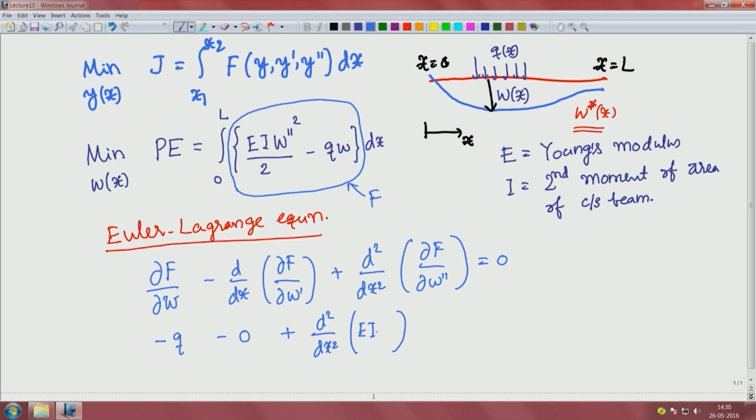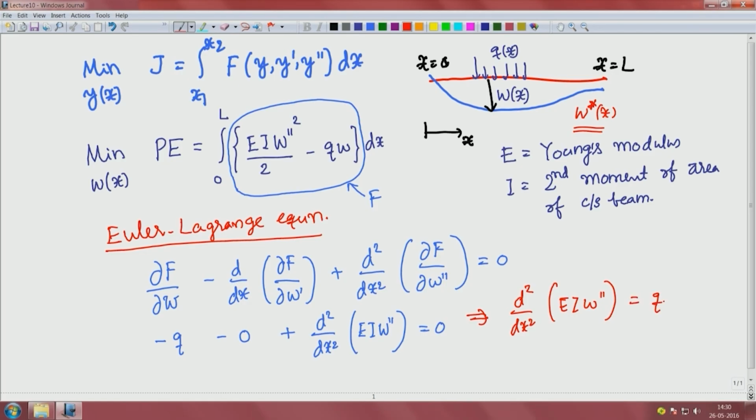So, we will have EI w double prime, which gives us, if I take this q to the other side because of minus q, d square by dx square of EI w double prime equal to q.